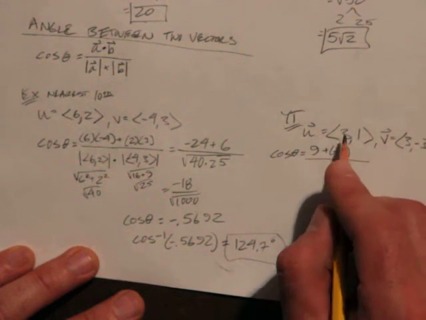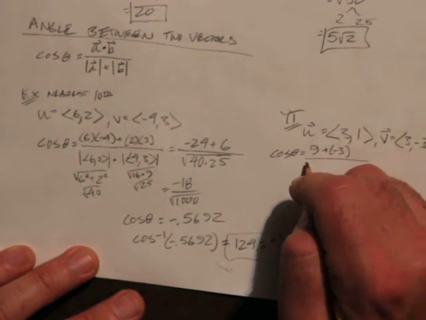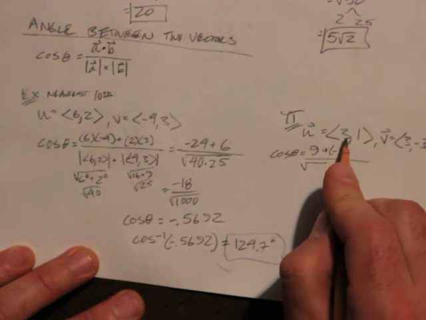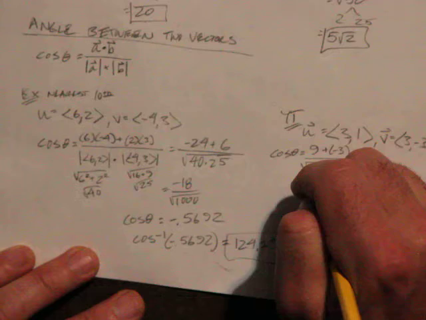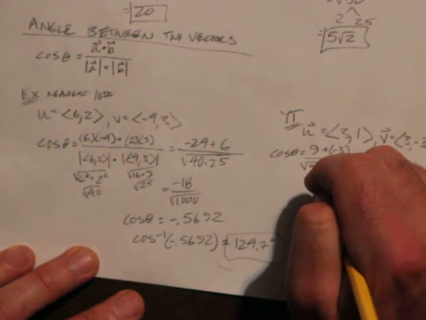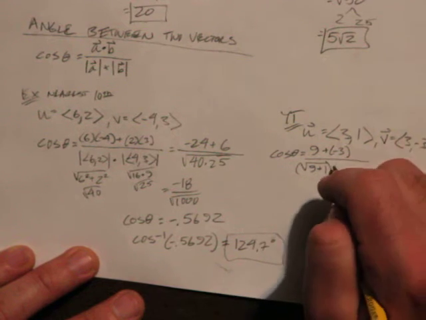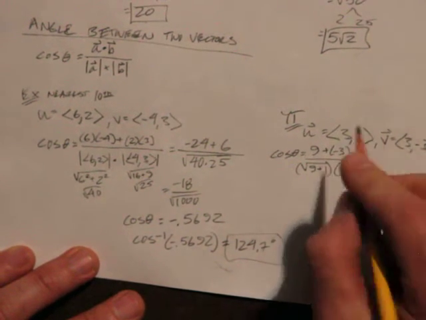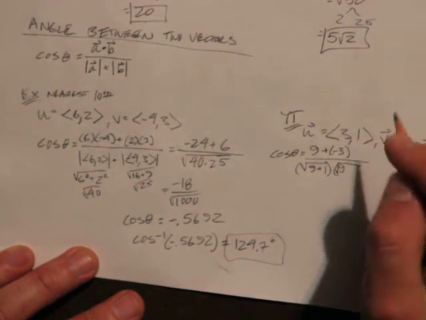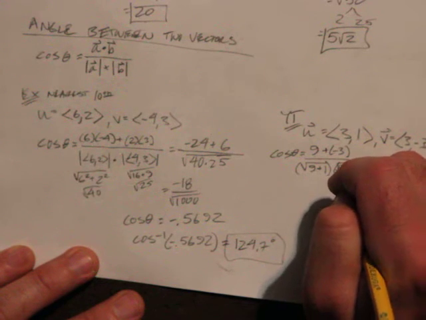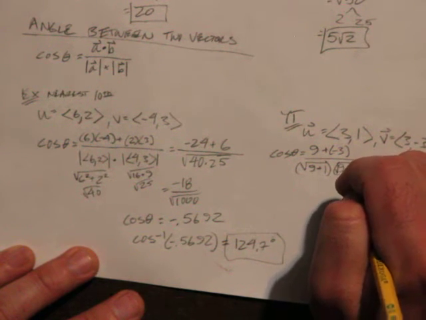So it's going to be the square root of 3 times 3, which is 9, plus 1 times 1, which is 1. And this is going to be multiplied by the square root of 3 times 3, which is 9, plus negative 3 times negative 3, which is 9.